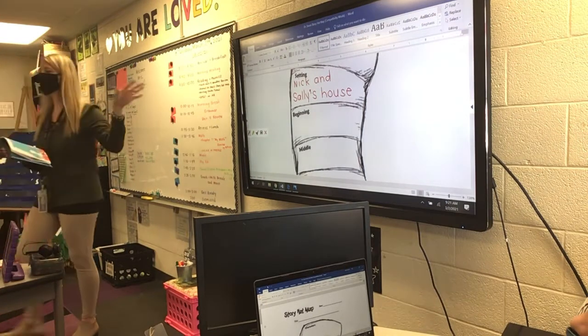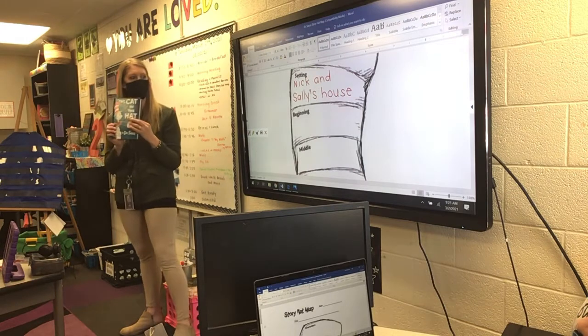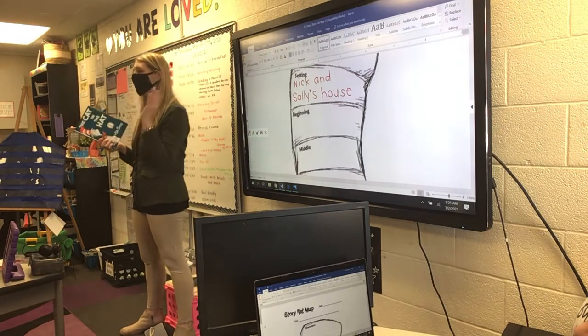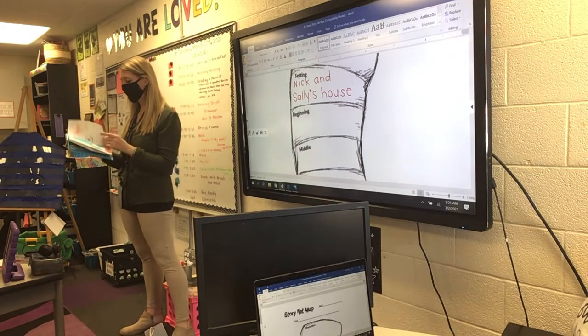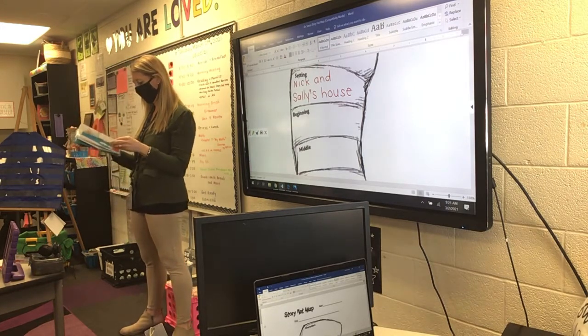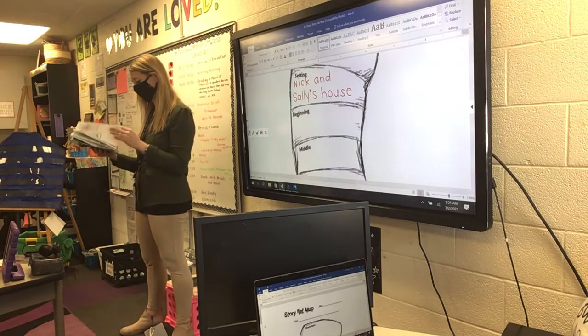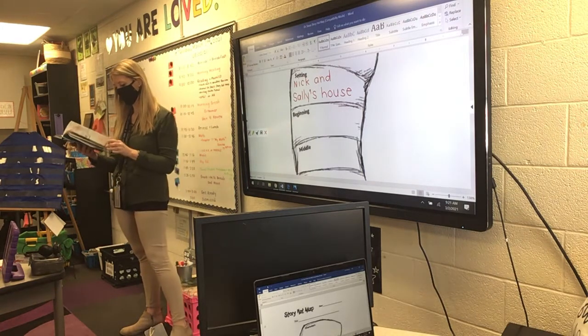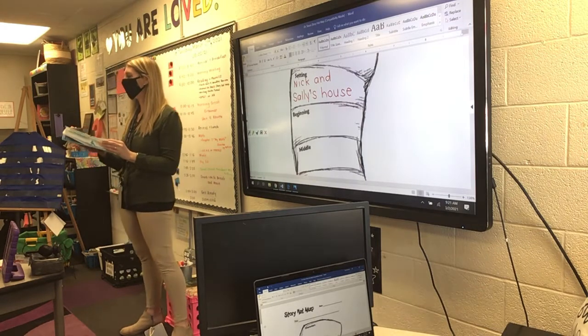Now, as you get done writing your setting, I want you to think. When the author has the characters and the setting, they have to have something that happens at the beginning of the story. So what is the first thing that happens at the beginning of the story? Addie, what do you think?